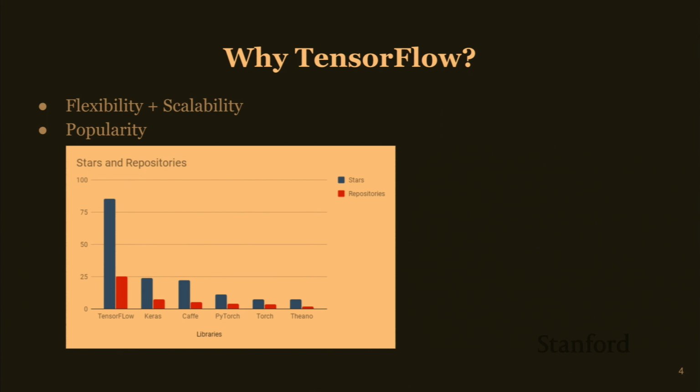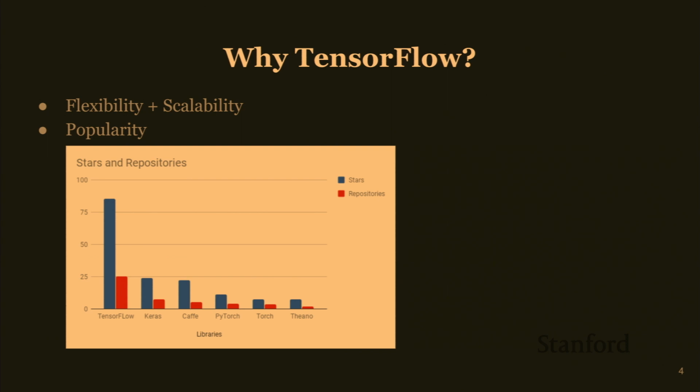Okay, so what is TensorFlow? When choosing a framework, there are a lot of frameworks out there. Somebody recently did a calculation, and on average, every week there's a company that releases a deep learning framework. Out of so many of them, why did we choose TensorFlow? When we choose a framework, we choose on both flexibility and scalability.